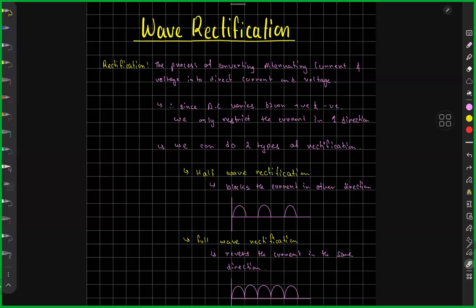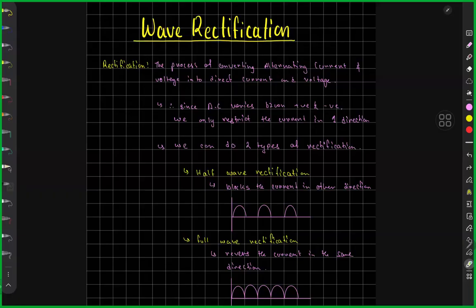So now, with wave rectification, what is this entire thing? Well, wave rectification is simply not wanting two different cycles of current. Basically, if I want a direct supply out of an alternating current, what do I do?